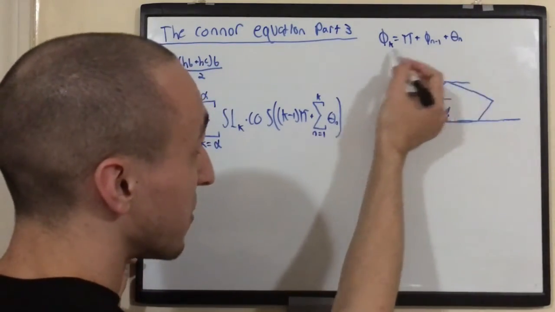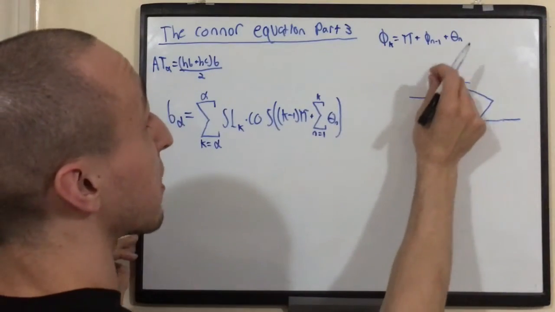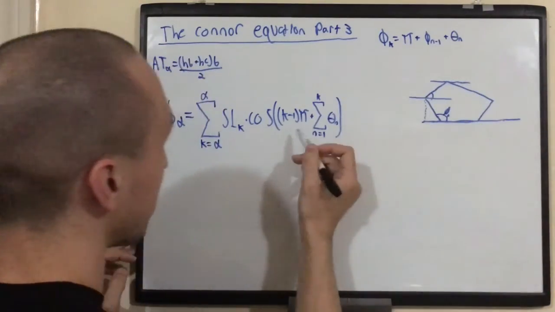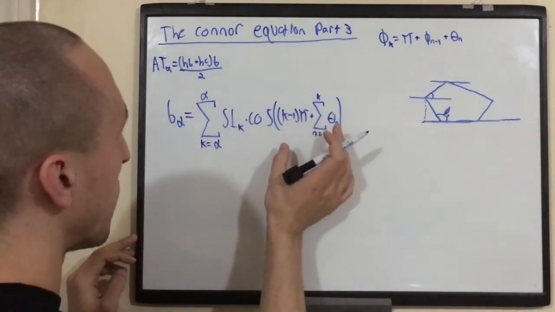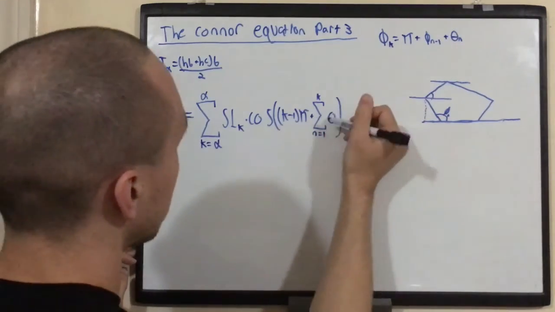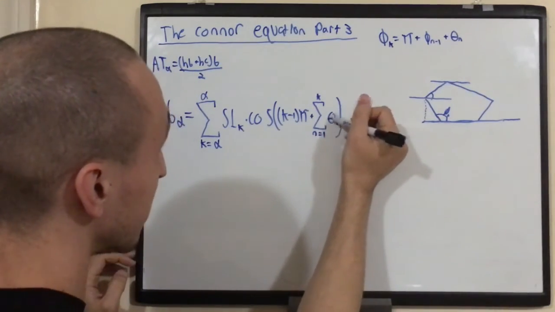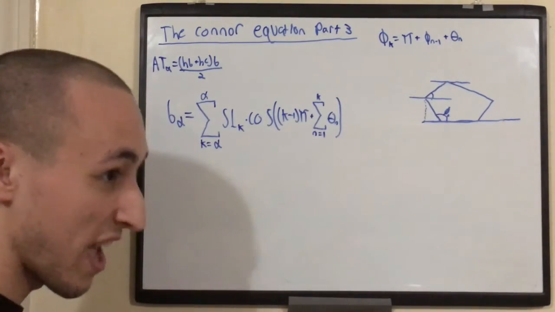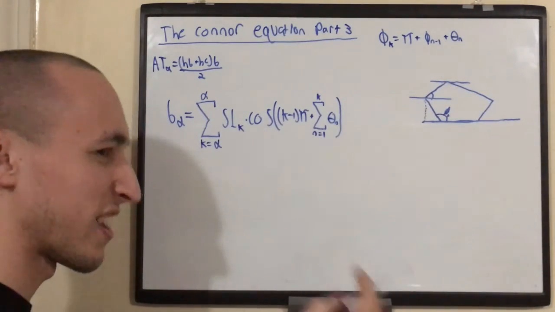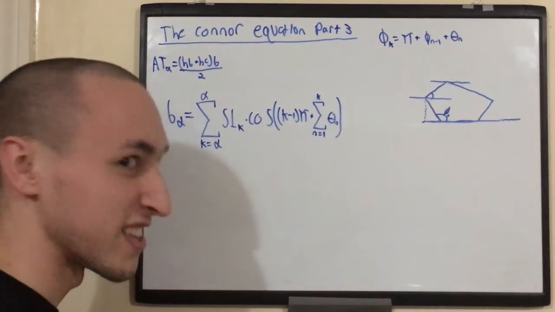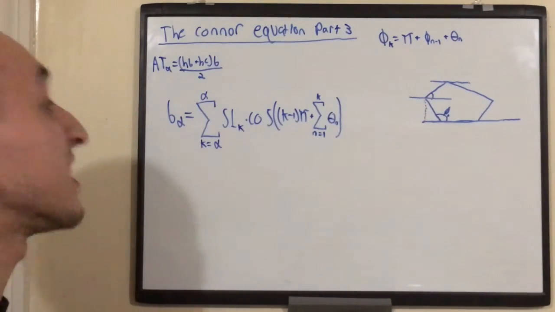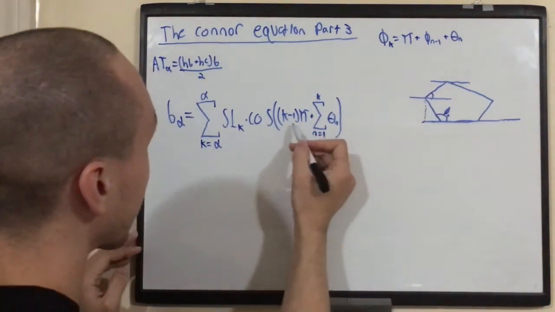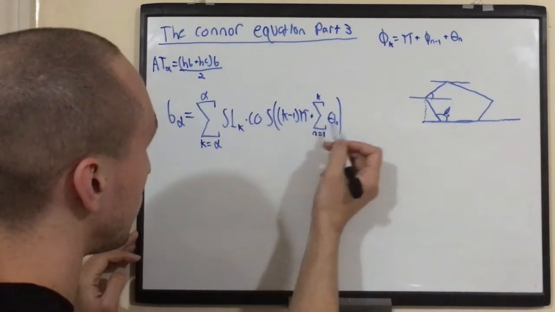Remember, this is a continuous process going clockwise around the polygon. Now, with the 180 degrees, every other one cancels itself out, because 180 plus 180 is 360, so you didn't even need it. That's why we have the K minus 1 here.